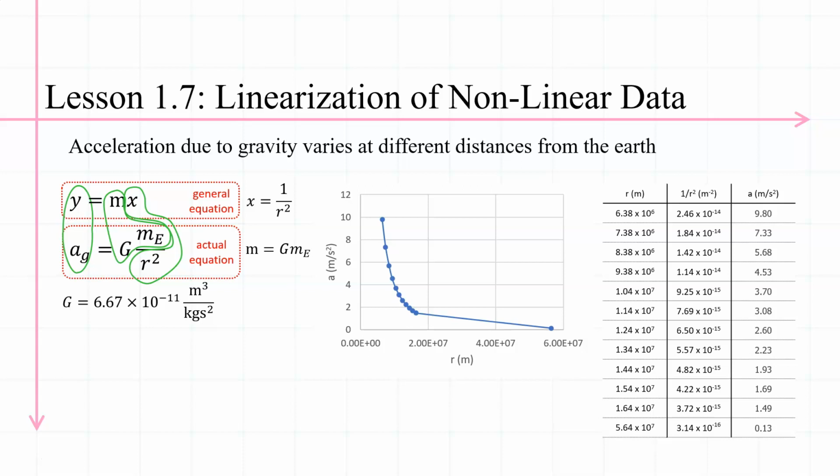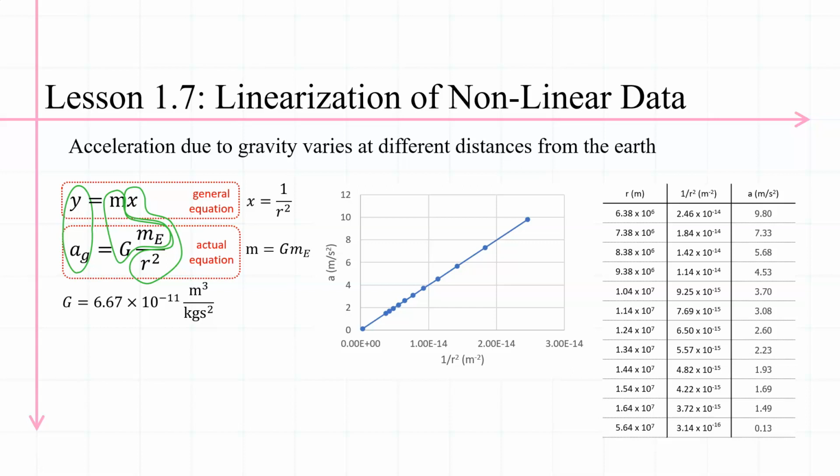So I'm going to get very, very small values for this. And when I compare those to my accelerations, notice that my data set becomes very, very linear. And because I very carefully measured acceleration at each of these points, and I very precisely measured the distances from the center of the Earth, I'm able to get a very clearly linear data set from these values.